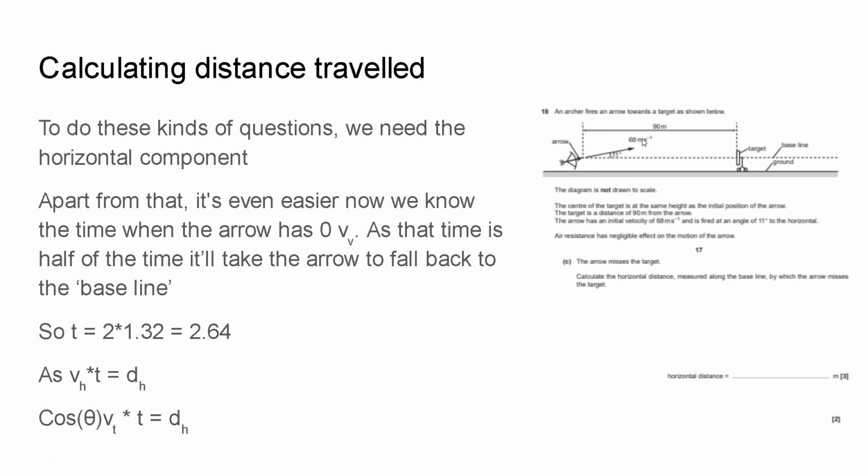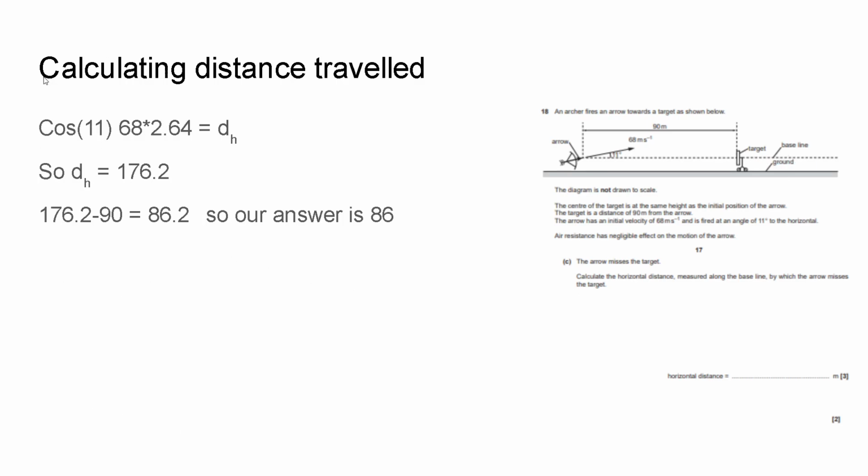Cos of an angle times the hypotenuse will give you the adjacent line to that angle, and that will tell us the distance horizontally travelled from where the arrow was first fired. For this question, that means cos 11.68 times the speed times the time we mentioned earlier equals dh. So the horizontal distance is 176.2.